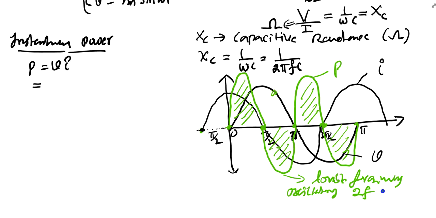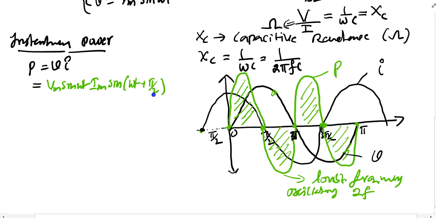If you want to calculate the mathematical expression for this double-frequency waveform, you can write it as Vm sin omega t times Im sin(omega t plus pi by 2).